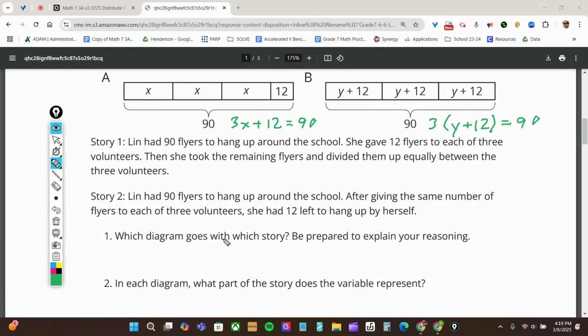Okay, diagram A matches story 2. So this is A, and this one is B.